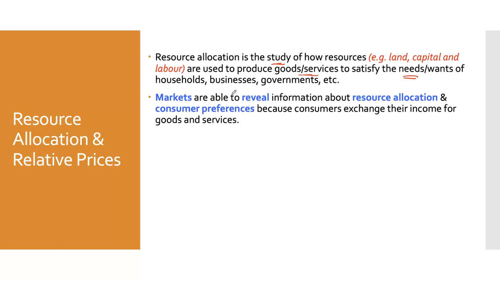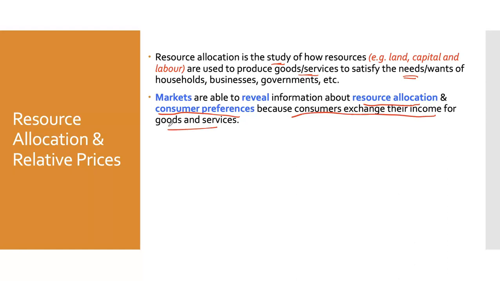Now, markets and equilibrium prices and supply and demand curves are able to reveal information about how we do effective resource allocation and information about consumer preferences. We understand this because of supply and demand curves, and also just practically, markets tell us what consumers are exchanging their income for.